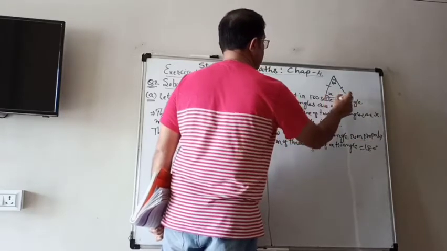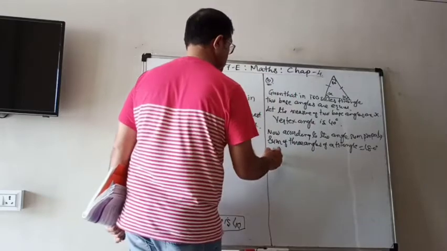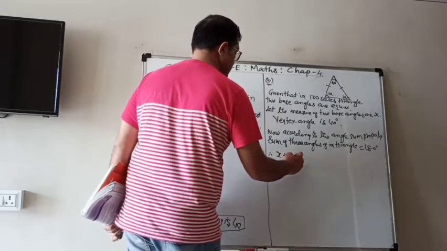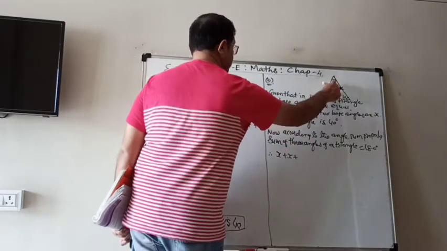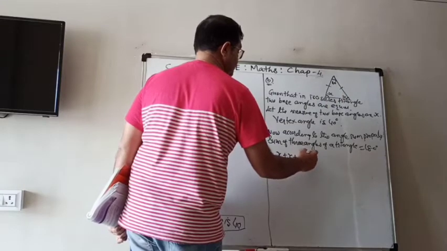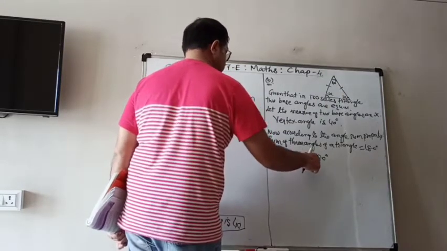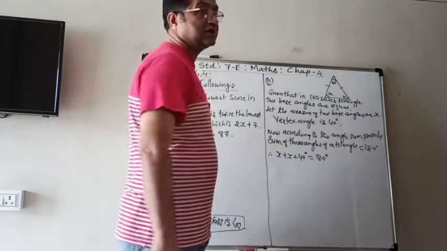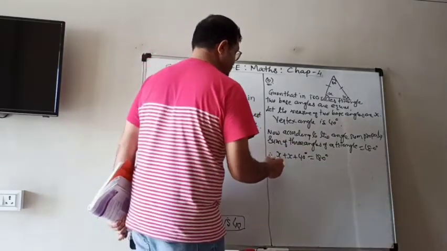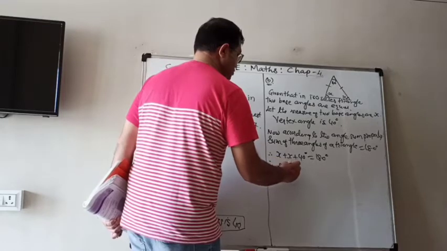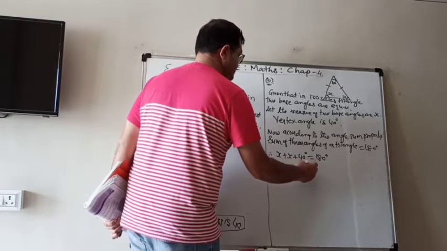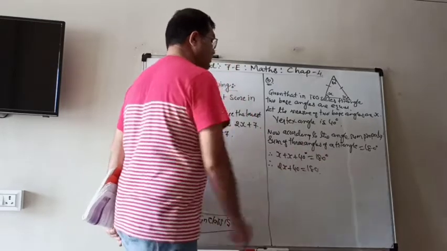Here we took both as x and x. So x plus x plus the third angle, 40 degree. We know that x plus x is 2x. So 2x plus 40 is equal to 180 degree, that is our simple equation.